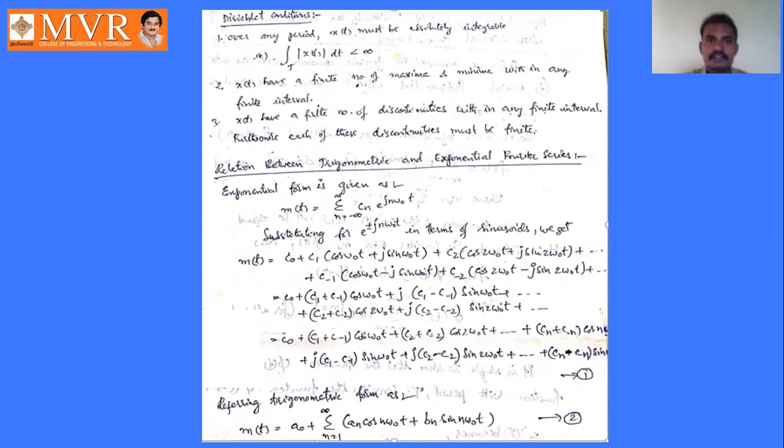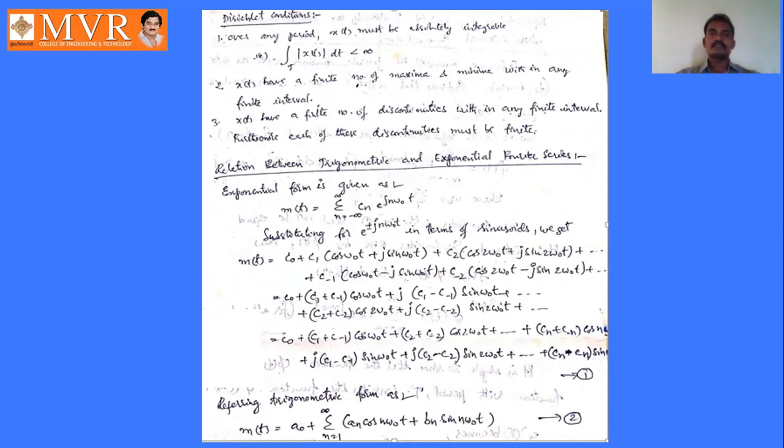The first condition is that over any period, whether it is 0 to infinity or minus infinity to infinity, x of t must be absolutely integrable. That is represented as integral of mod x of t dt must be less than infinity. It is some finite value, not an infinite value. So over any period x of t must be absolutely integrable.